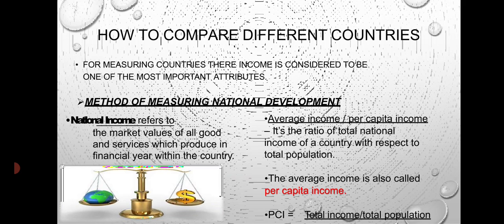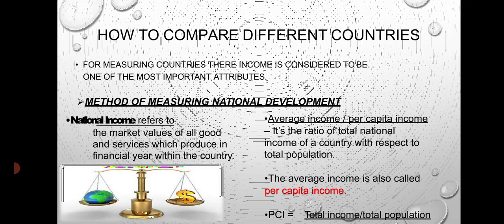Each and every person living in the country is included in it. हम इसमें टाटा बिरलास उनकी इनकम भी ले रहे हैं, and we are taking the income of a labourer also. So every income is counted and we are taking the average of it. So average income is the ratio of the total national income of a country with respect to the population.